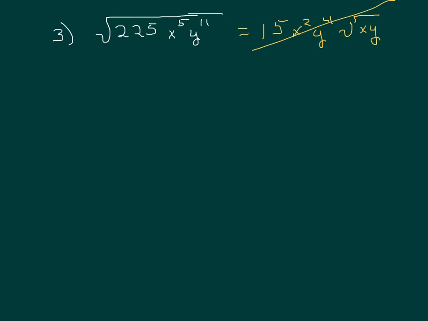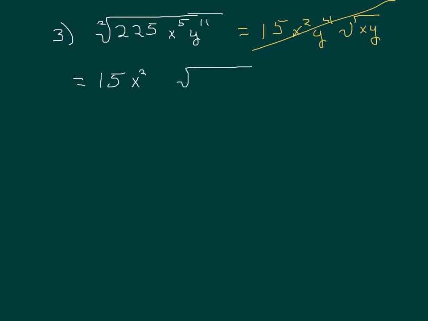The square root of 225 is 15, so we can pull that out. And a square root has an index of 2. X to the 5th is inside, and to find out how much you can pull out, you take the exponent 5 and divide it by the index 2, and you get 2. So that's what goes outside, and we'll put our radical over here.